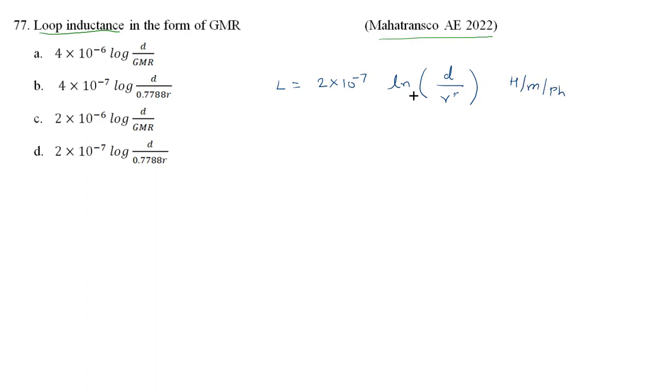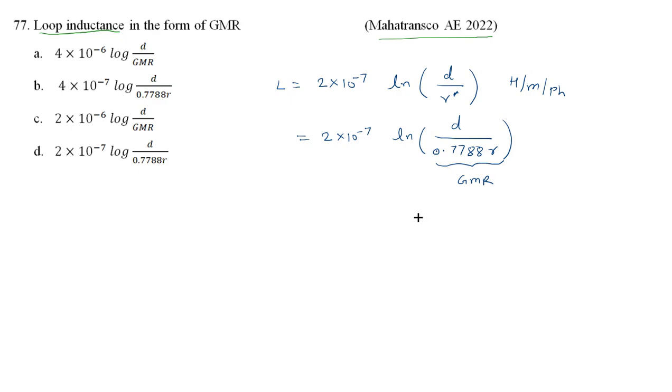So this is for a single conductor. Now what is R dash here? R dash is nothing but the GMR, which is given by 0.7788 R. So 0.7788 R is nothing but the GMR, R dash.